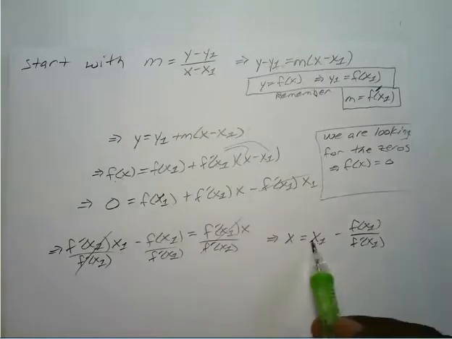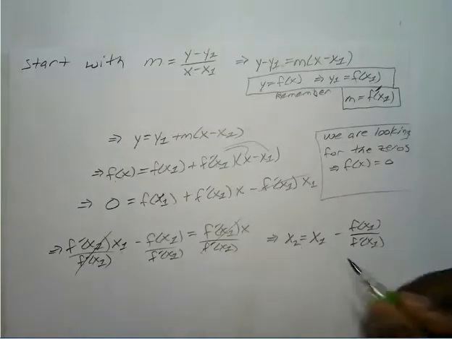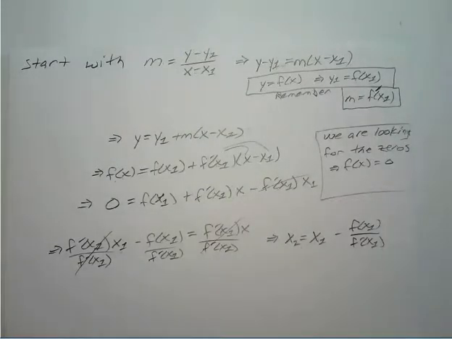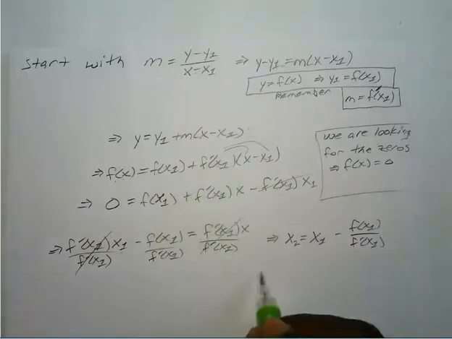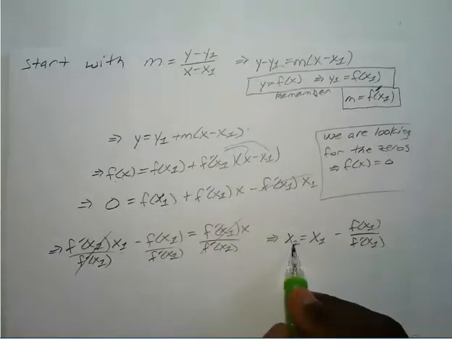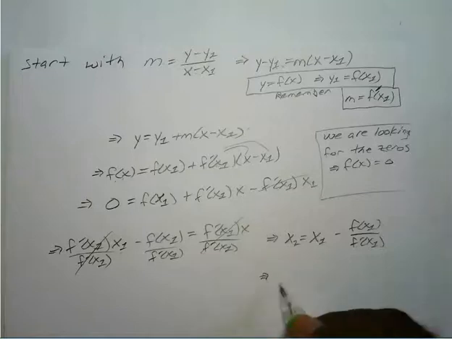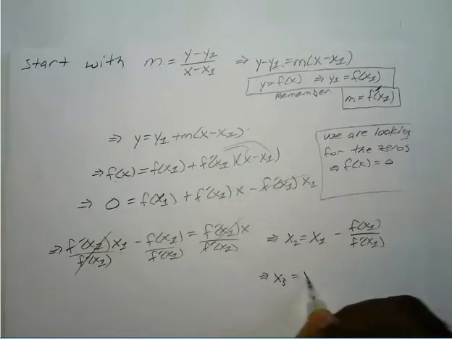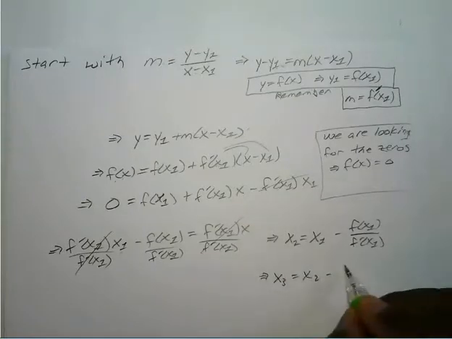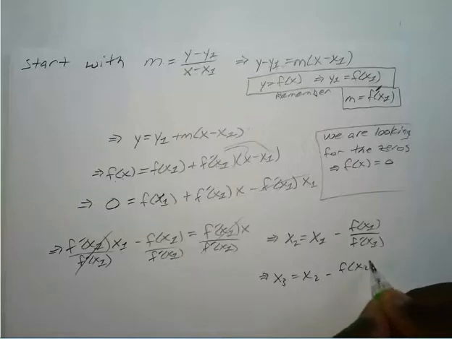And actually this will now become your x2, because that's how you find the next x value. Now if we go through all of this again, just instead of x1 we use x2, we'll end up with x3 equals x2 minus f of x2 over f prime of x2.